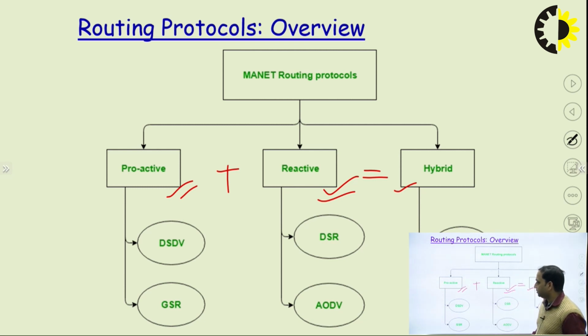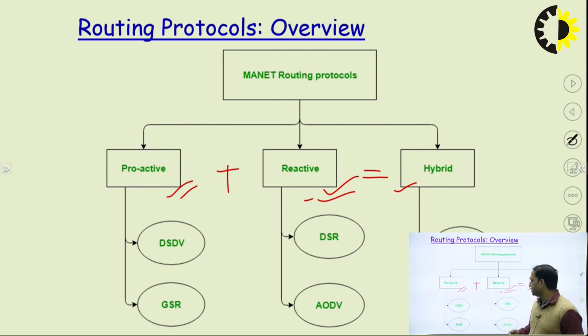In the proactive routing protocols, what is the meaning of proactive? It means every node has the information about which path it has to follow to transmit the data, and to whom it has to transmit the data. So everything is already predefined in the case of the proactive routing protocol. Second is the reactive routing protocol, which depends completely on on-demand requirement.